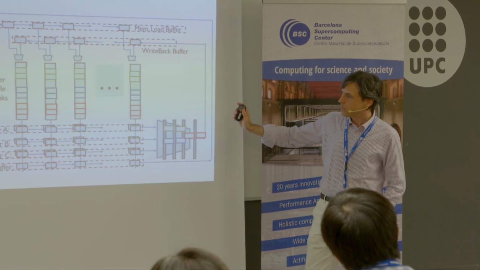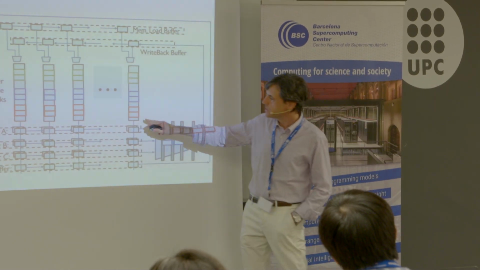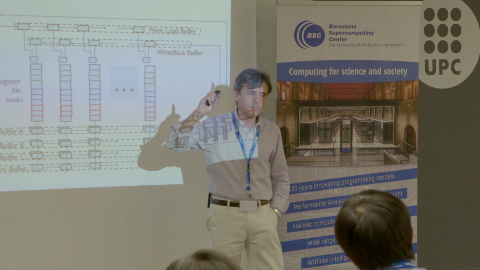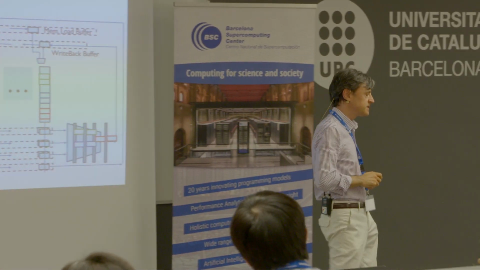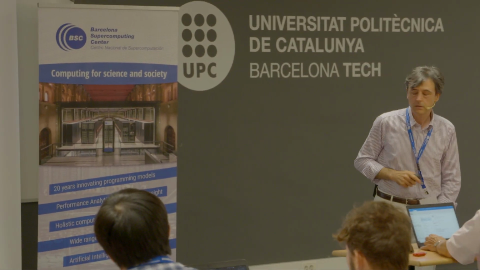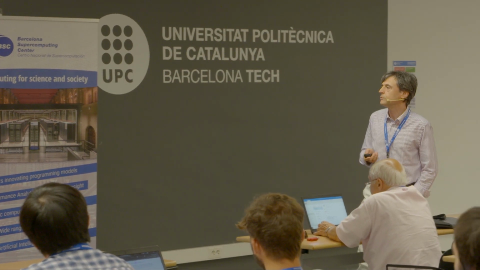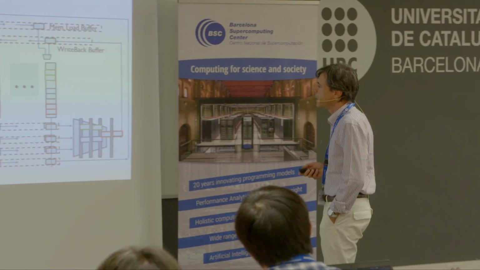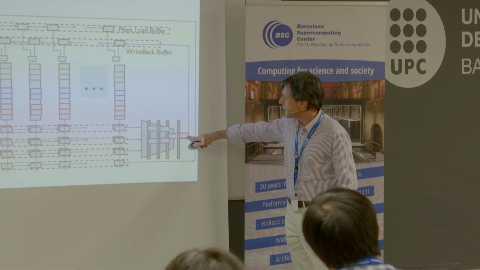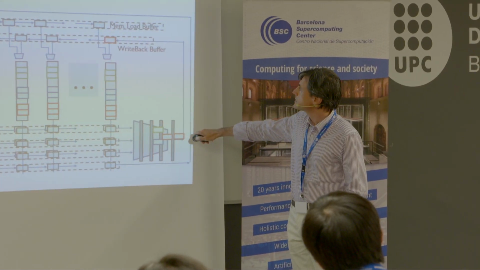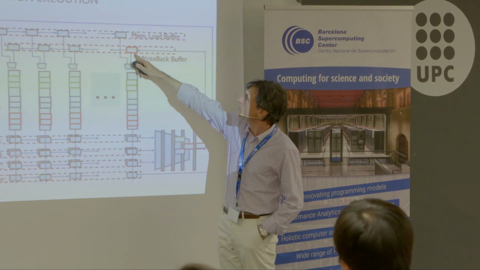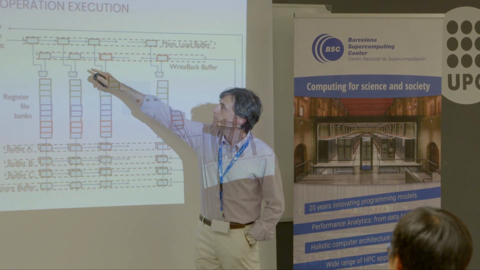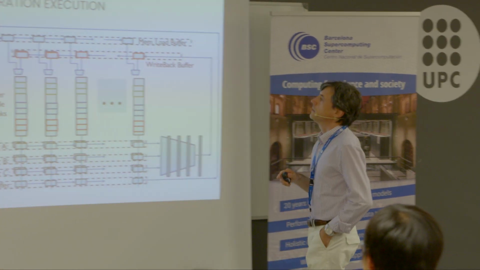By the way, one comment about that, you see that we have used just one port per bank, one port per register file. This is important because augmenting the number of ports makes your register file slower. After we have the first element ready here, it starts filling the write-back buffer.